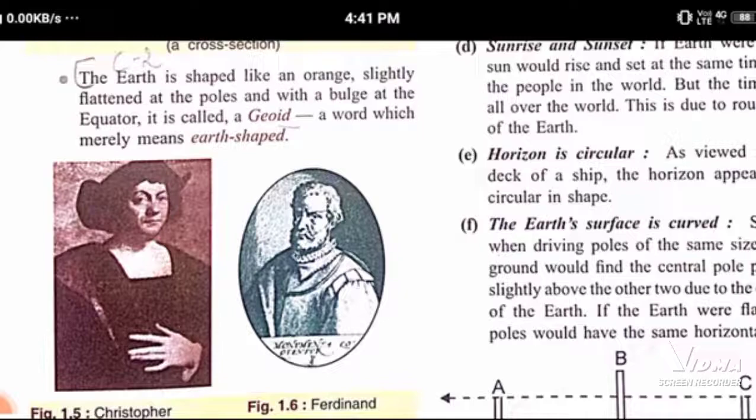The equator is just in the center. It is called a geoid, a word which merely means earth-shaped. Sometimes questions come in the papers asking what a geoid is. It is a word merely used for earth-shaped, which we can keep in inverted commas.